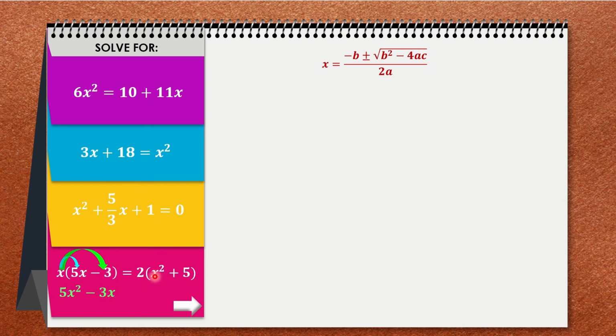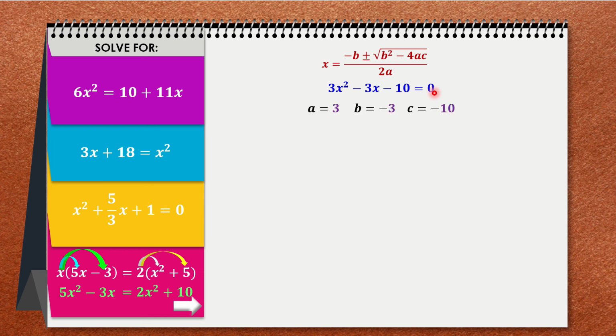So on this side, we need to distribute positive 2 to the terms in the parentheses. So we have 2 times x squared and 2 times 5. So we will get 2x squared plus 10. Get the standard form, 3x squared minus 3x minus 10 is equal to 0.